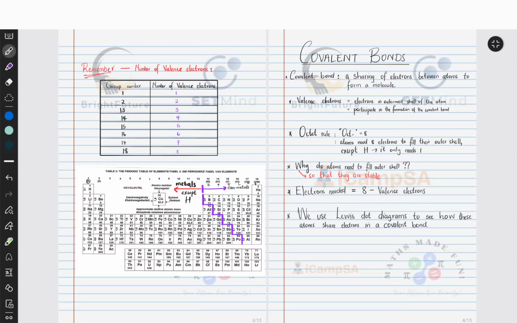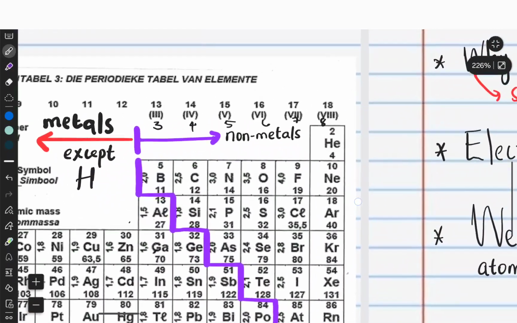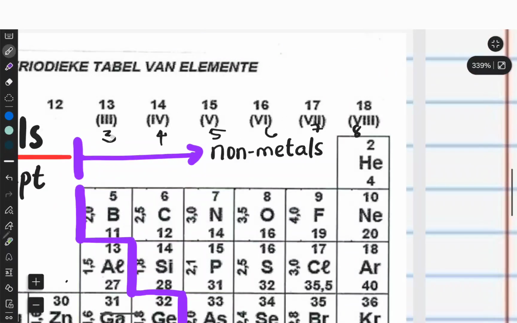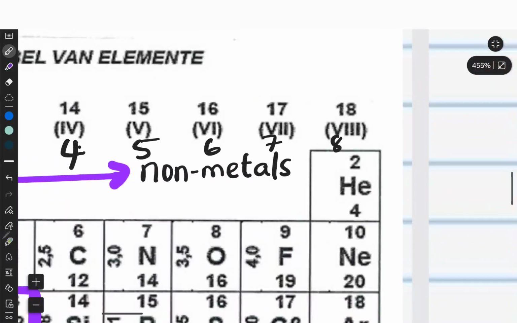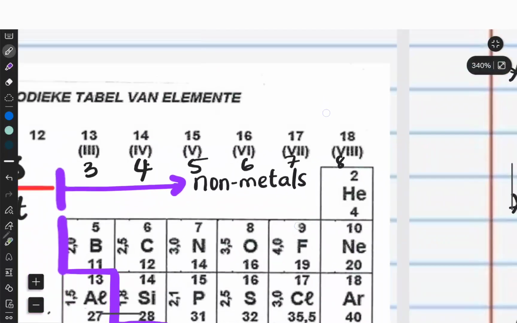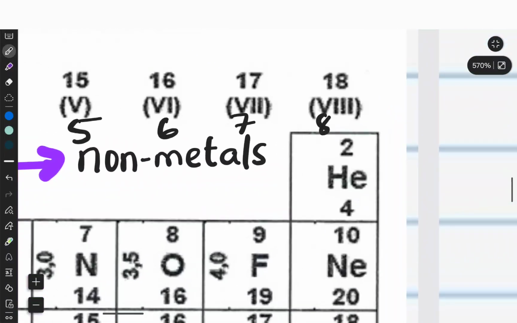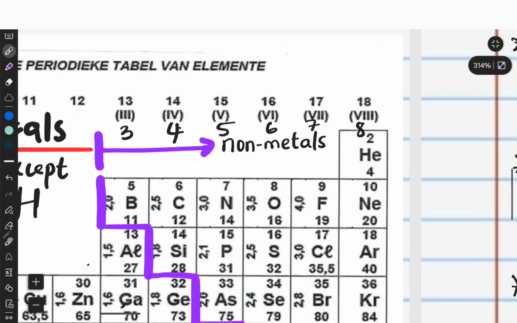So what this means, if we come back to our periodic table, is every group until group 18, because this is 3, 4, 5, 6, 7, every atom from every group before group 18 is unstable and therefore will participate in covalent bonding with other nonmetals in order to reach stability.